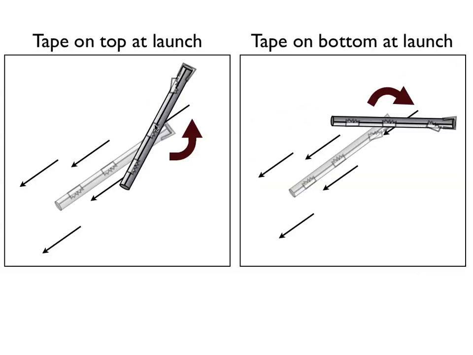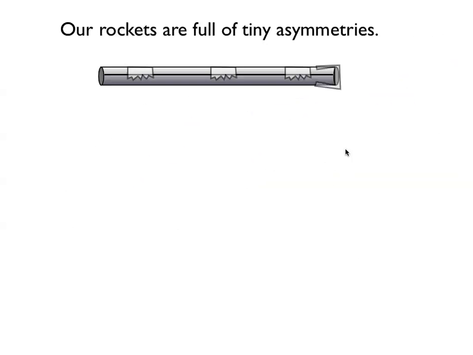When the tape was on the top, we rotated one direction. When the tape was on the bottom, we rotated a different direction. And so each time you load up that rocket, these little tiny imperfections might be in slightly different spots. And those slight differences, as you can see, can cause big differences in how the rocket flies through the air.